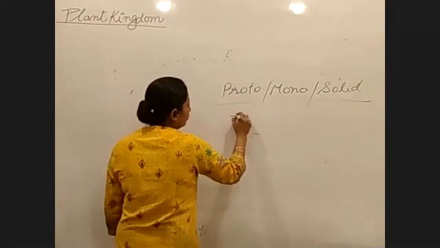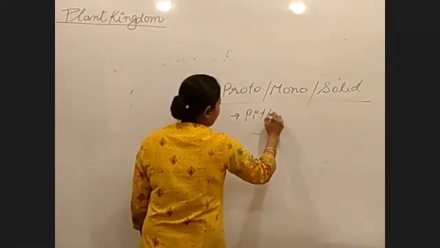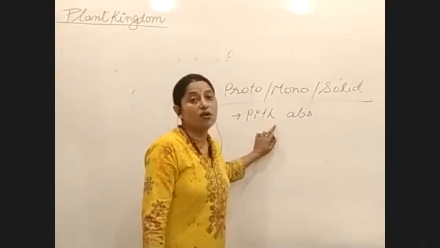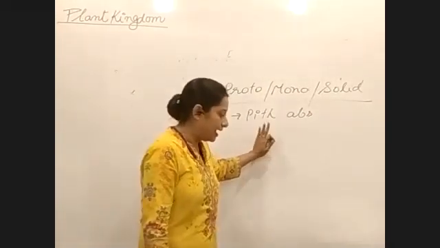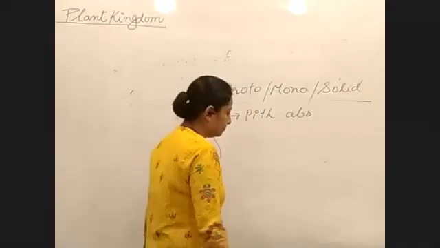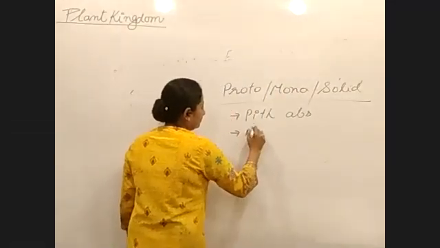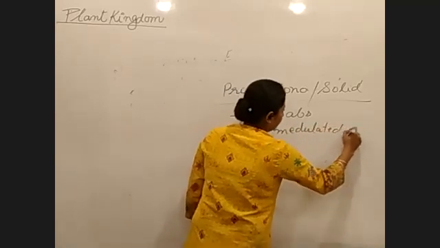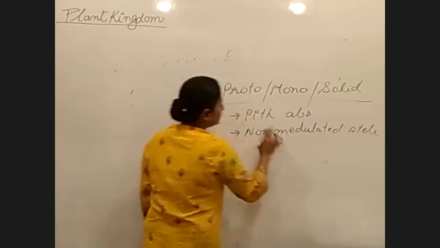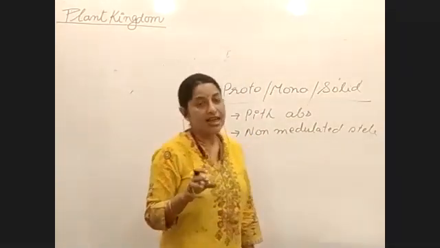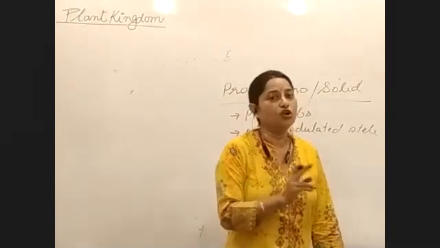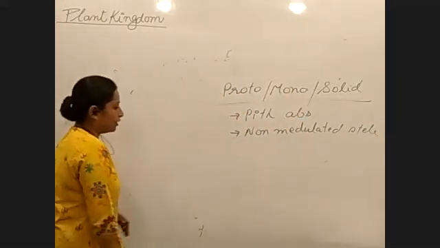The most important point here is the pith. Since pith is also called medulla, this stele is non-medullated. I think these two terms are clear now. If pith is absent, we call it a solid stele, and since pith is absent, we call it non-medullated.